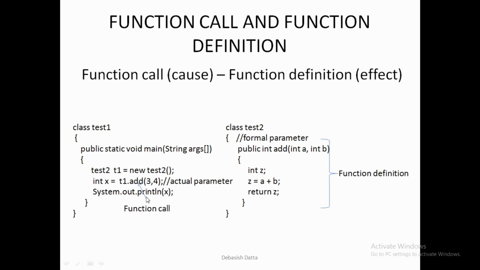After the function call is encountered, the program execution sequence jumps from the function call to its definition. In the definition, the intended work for which the function is used is there. That task is executed by the computer, and then the result will be returned.